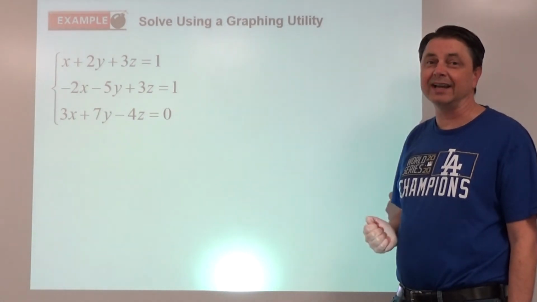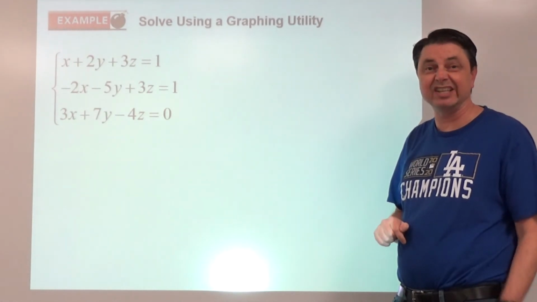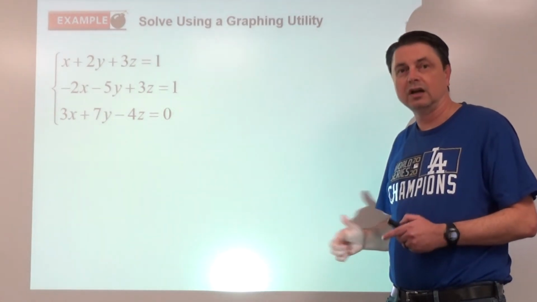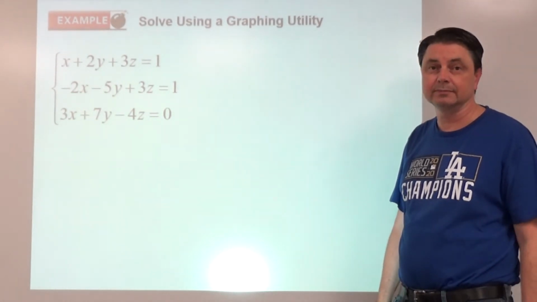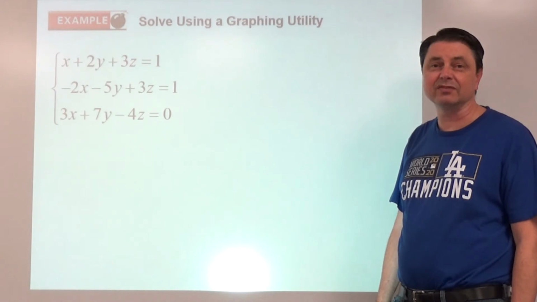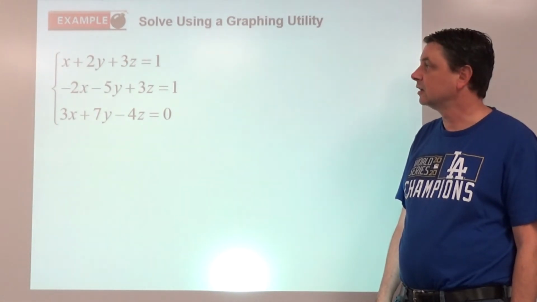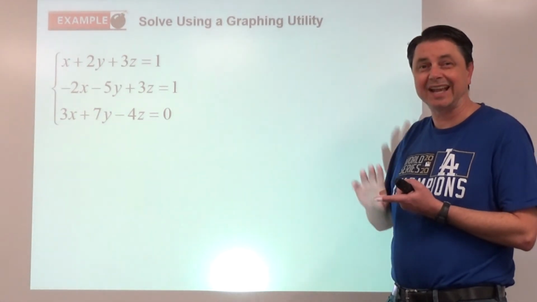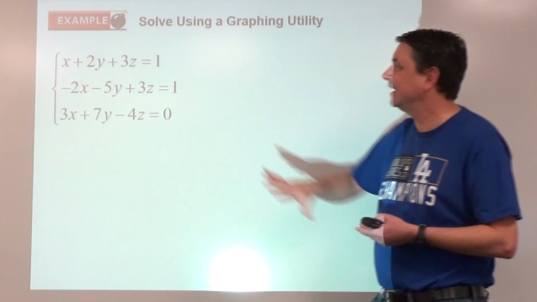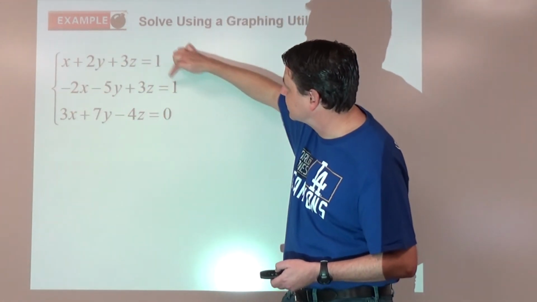So what we're going to find out is that all the work that we were doing in Chapter 7, at least the results of all of the systems of equations that we were solving, can be done with a graphing calculator, at least 95% of them. Let's check it out. So remember, we're going to need to set up two matrices, an A matrix and a B matrix. A is the coefficients on the left, B is the right side, 1, 1, 0.